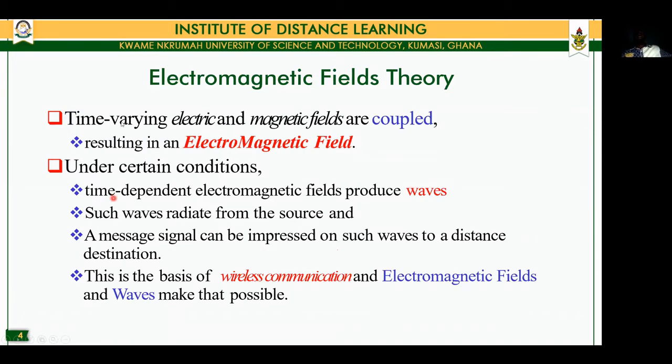As I said, the time varying electric and magnetic fields are coupled, resulting in an electromagnetic field. Now, a situation can be created where the time-dependent electromagnetic field can produce waves.